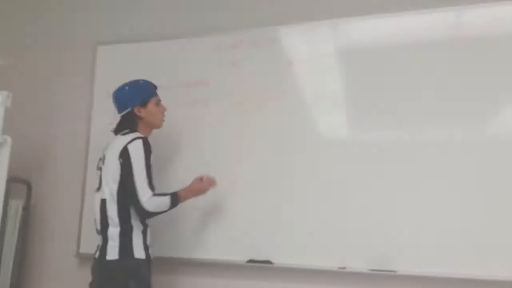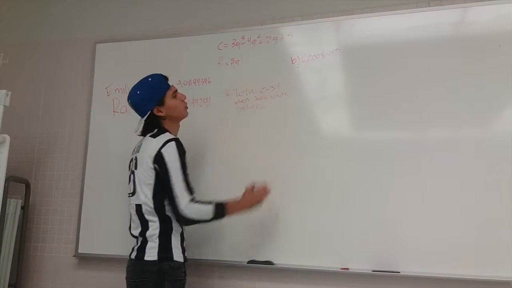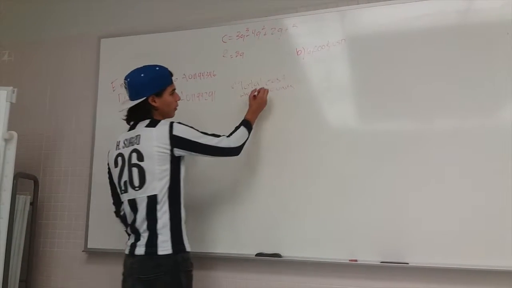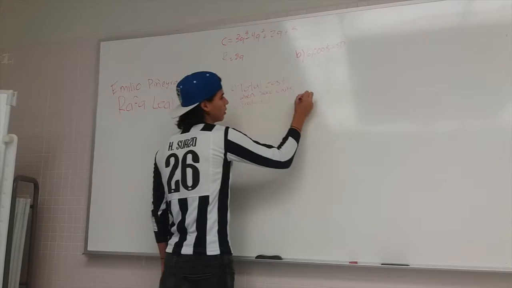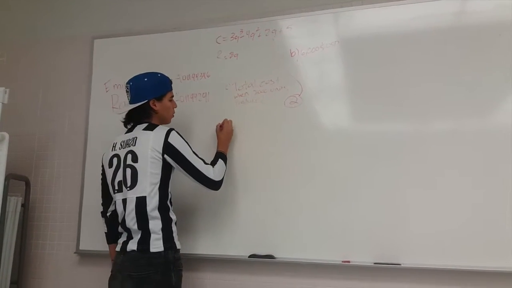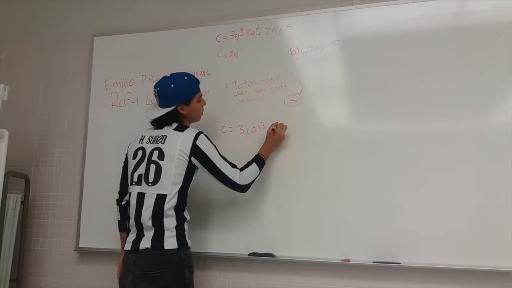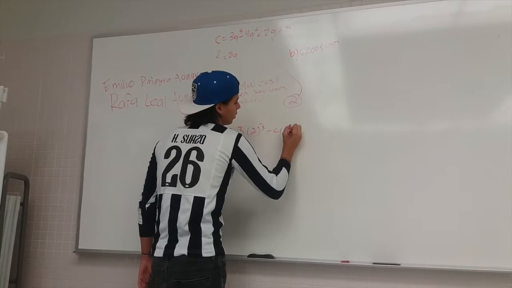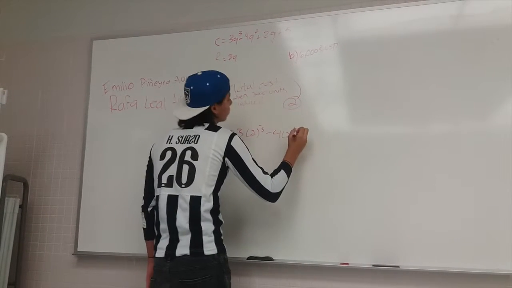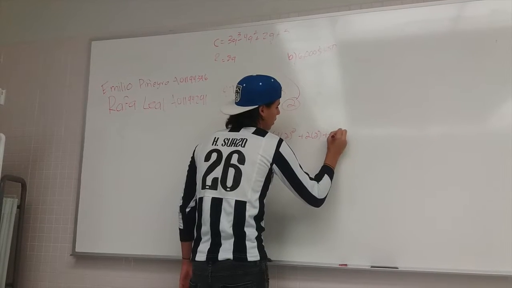For the second problem, it is the total cost when 2,000 units are produced. Same thing. Instead of using 2,000, we will use 2 and plug it into our total cost formula. So we will have 3 times 2 cubed minus 4 times 2 squared plus 2 times 2 plus 5.